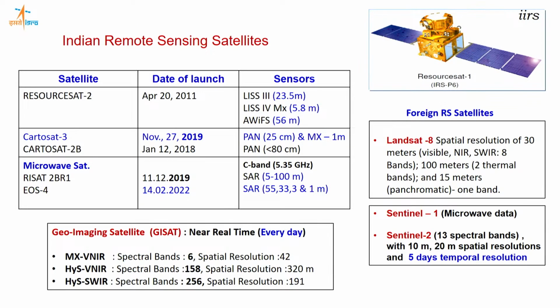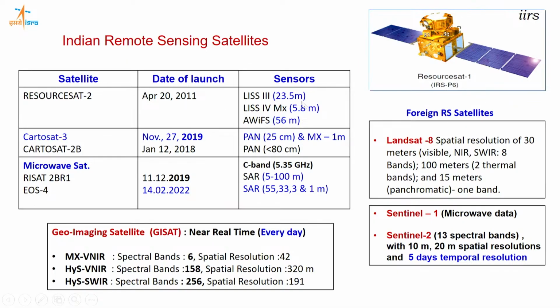So the question is, what remote sensing satellite data are available today from ISRO? Currently, there is Resourcesat-2, which was launched in April 2011.